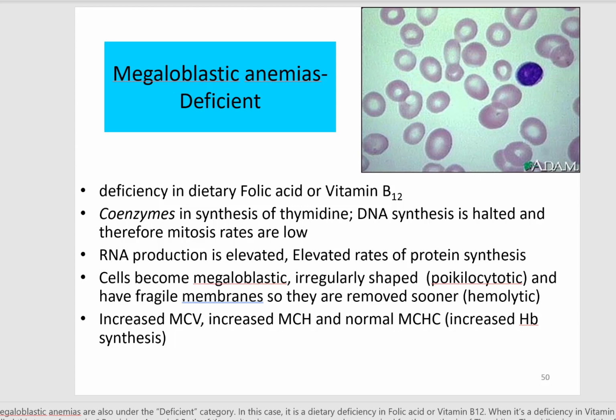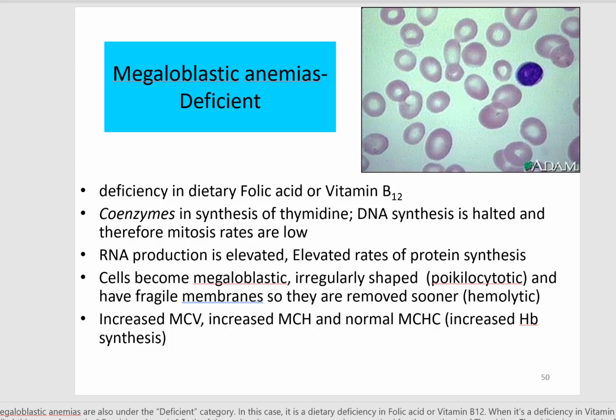The cells, if we're talking about hemocytoblast cells that are responsible for making red blood cells, these precursor red blood cells will become large, megaloblastic. They can even be irregularly shaped. They can also have fragile membranes.